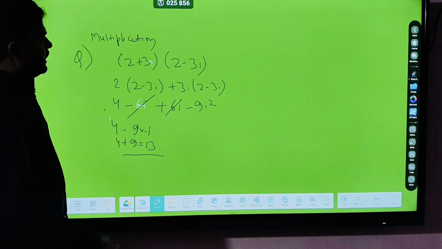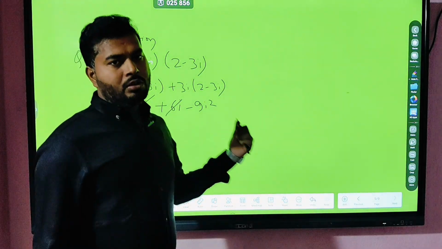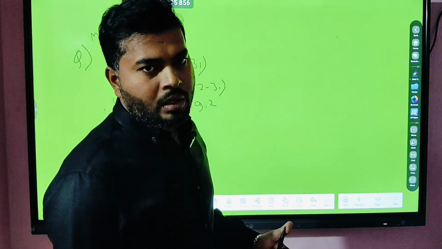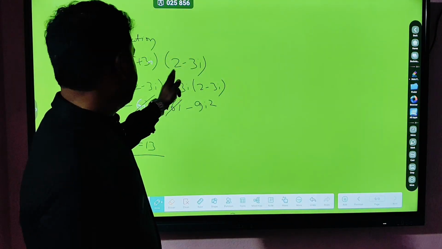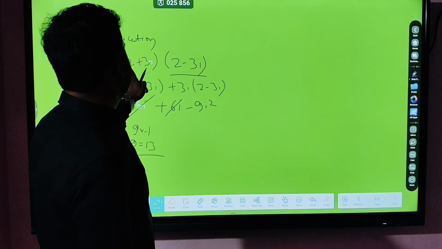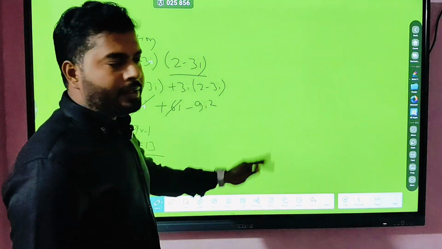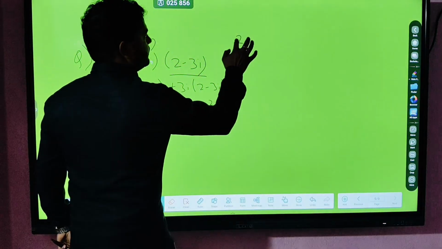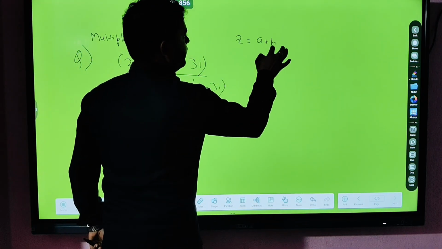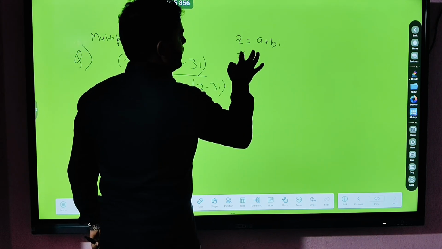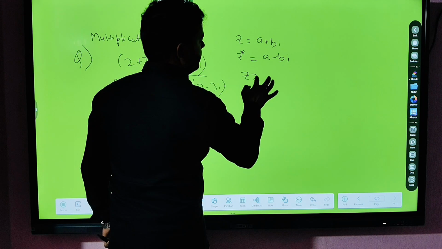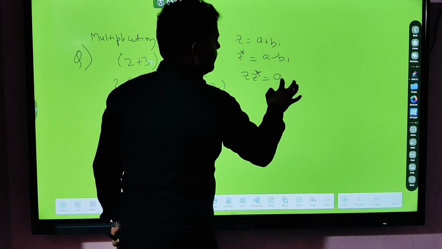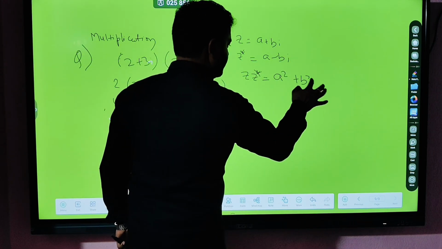13, right? This question will also work as a standard result. If z and z conjugate, you can see this is a conjugate only. So when z and z conjugate are multiplied, let's say if you have z equals a plus b iota and z conjugate as a minus b iota, so if you find z into z conjugate, it's always a square plus b square.